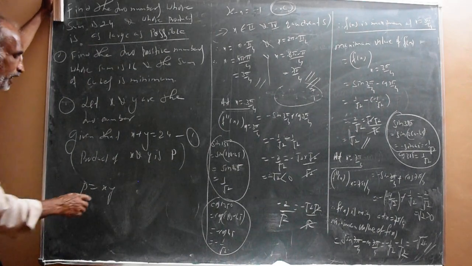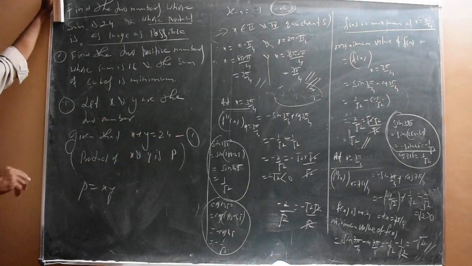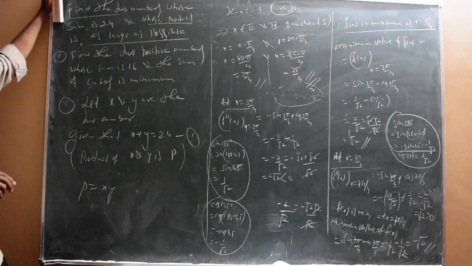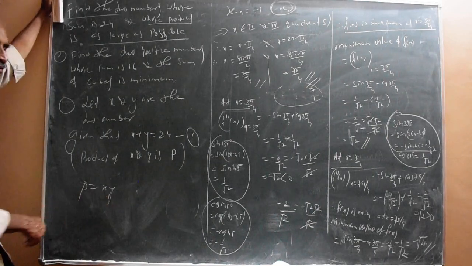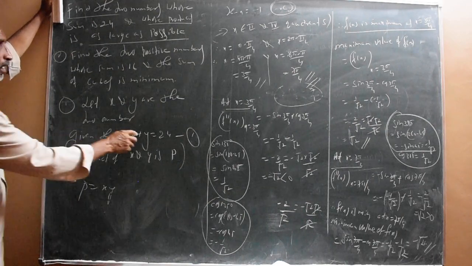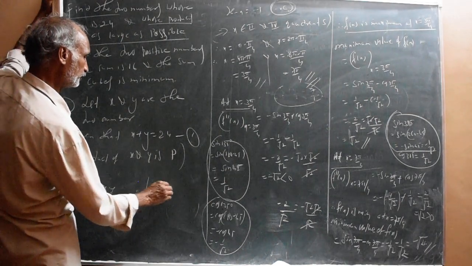But two variables, x and y, are there, so reduce it to one using equation 1. That is the technique in this statement problem: two variables are there on the right hand side, so reduce it to a single variable by the earlier given information. x plus y is 24.